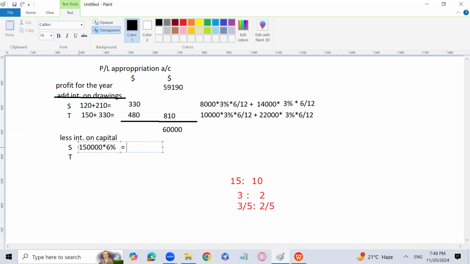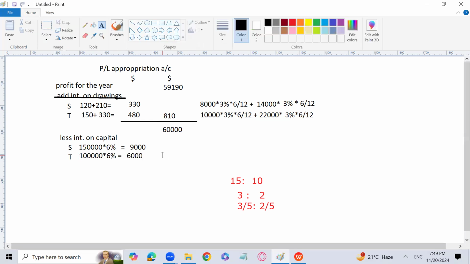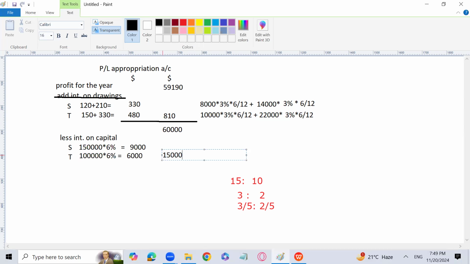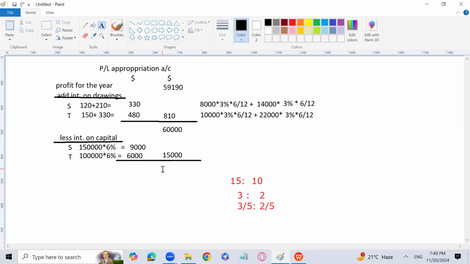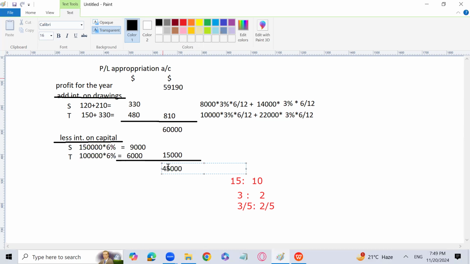So 1,50,000 into 6%, that is going to be 9,000, and 1 lakh multiplied by 6%, that is going to be 6,000. So the total interest on capital, which needs to be subtracted from the profit, is going to be 15,000. So we are going to subtract 60,000 minus 15,000. The answer we are going to get is 45,000.